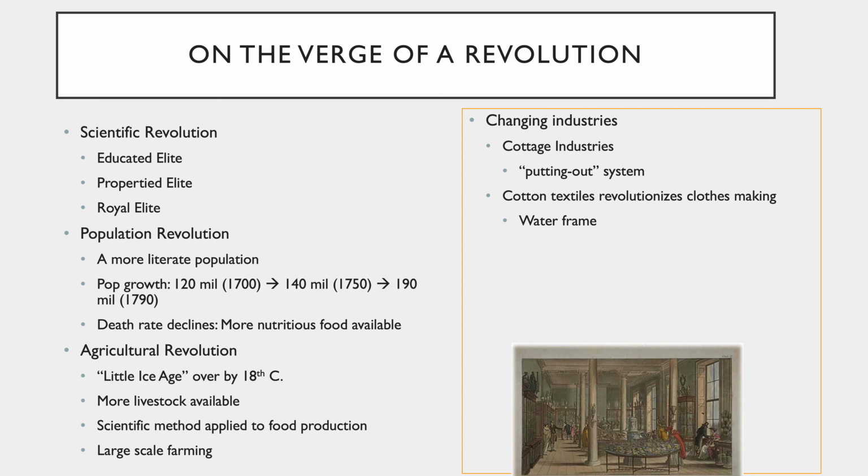So the water frame, which is a flying shuttle, sped up the process for weaving, which meant that you needed more yarn to be produced so you could create more fabric. So that putting out system could no longer really compete with this new technology.